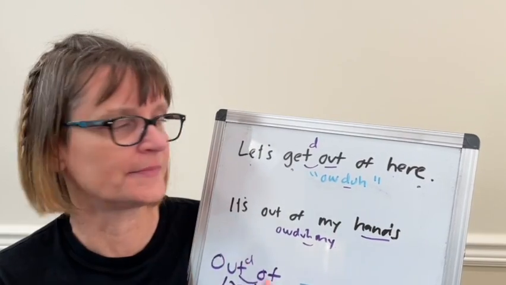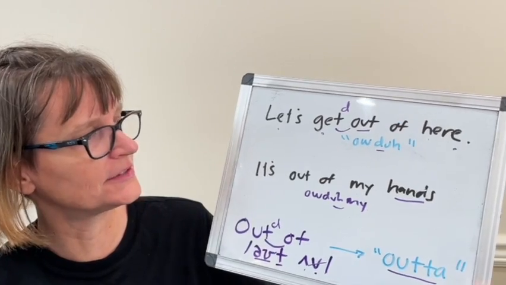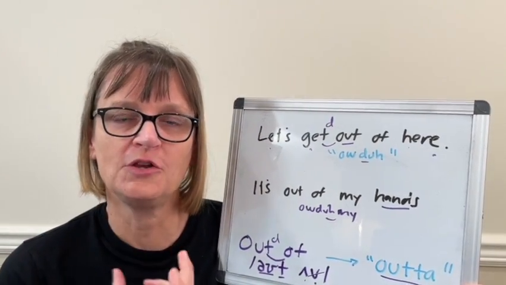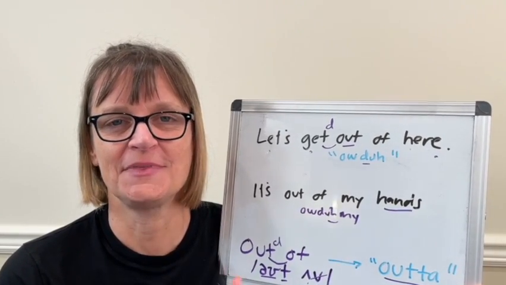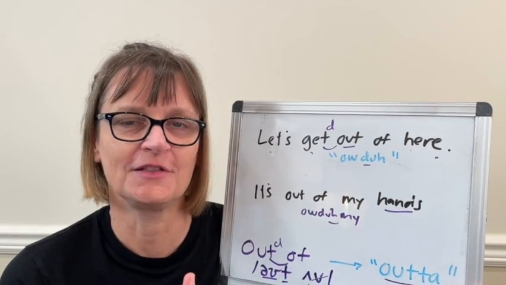"Let's get outa here." And "it's outa my hands." "It's outa my control." So you can hear how when you're trying to adapt something and use this reduction "outa," try practicing it in lots of phrases.